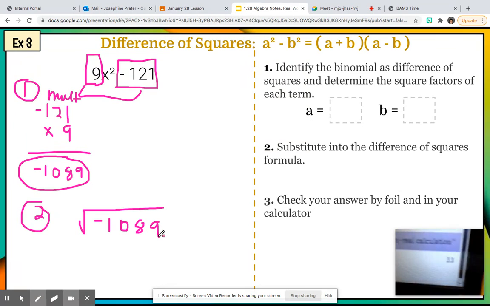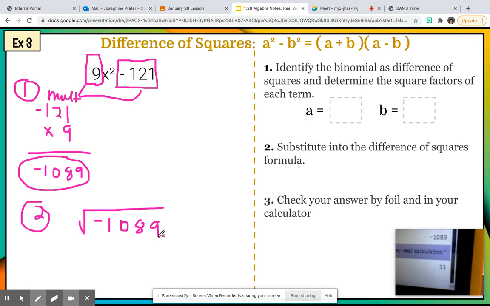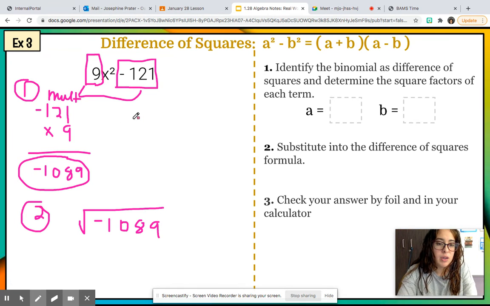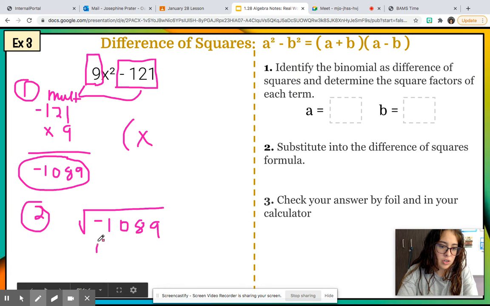And the reason why I'm doing this is because it's pretty much a shortcut to writing out my factored form. So here we go, x. So then I change this to a positive because you can't find the square root of a negative. I got 33 times 33, which gives me 1089.